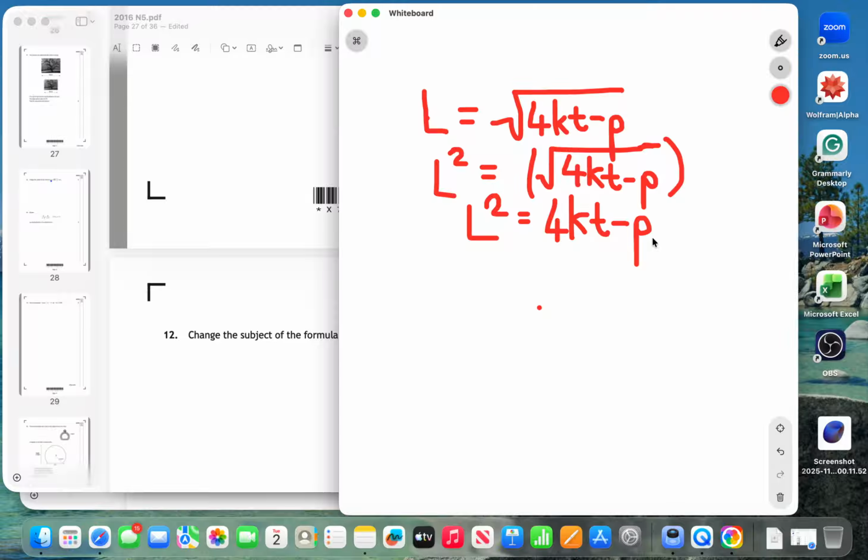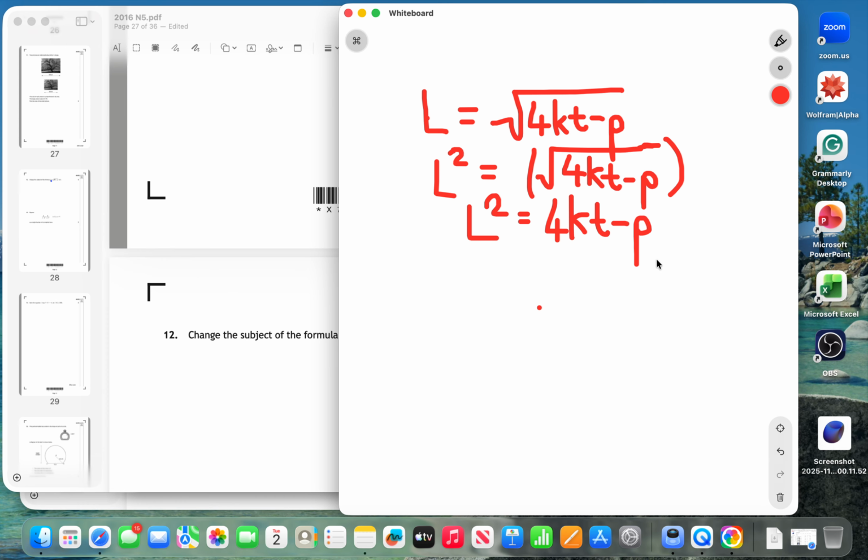Now we have the minus p, and we want k, so get all of the non-k terms on the opposite side. Can we get rid of the t at the minute? Well, no, because if we divide by t, then we would be dividing the minus p by t. We have 4kt equals 4 multiplied by k multiplied by t.